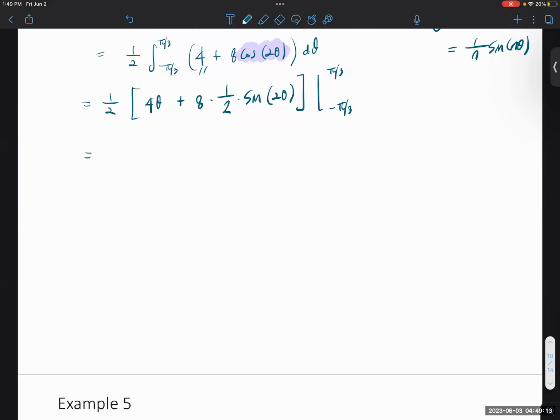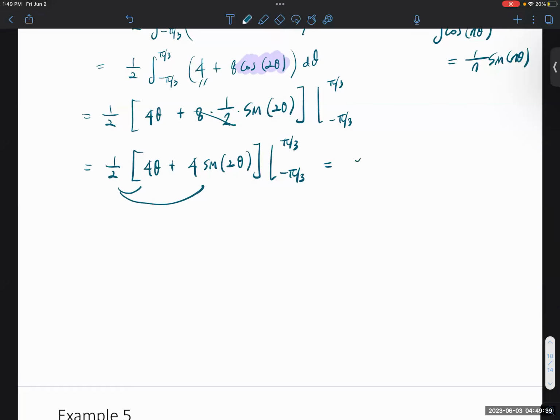All right, so we can simplify one more time. Cancel: 4 sine 2 theta from negative pi over 3 to pi over 3. Now I can multiply by 1/2, right? So if you do that work, it is going to be 2 theta plus 2 sine 2 theta from minus pi over 3 to positive pi over 3.